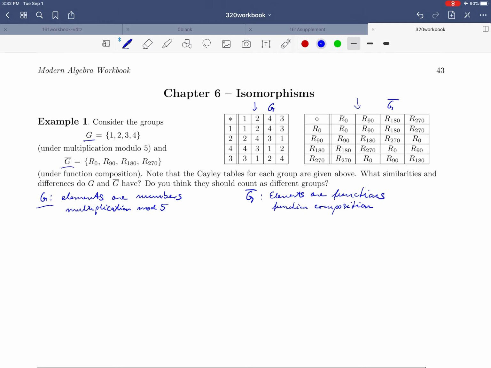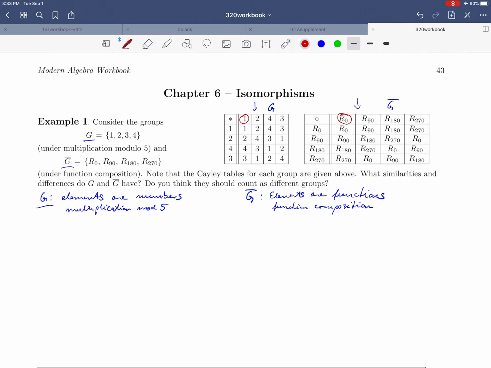If you look at them a little bit more closely, both groups have 4 elements. And you can identify elements in G with elements in G bar that really correspond to each other. For example, the element 1 really behaves like R0. It's the identity for the group.